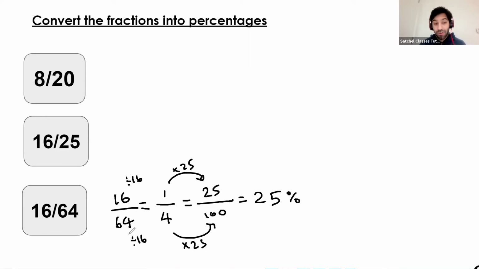Now you might have been able to visually see that this is equal to a quarter, but if you weren't able to see that, hopefully you were able to simplify it so that you reach 1/4. And now that you have a quarter, the 4 is a factor of 100. Therefore, 4 times 25 gives us 100. 1 times 25 gives us 25. So 25 out of 100 is equal to 25%.